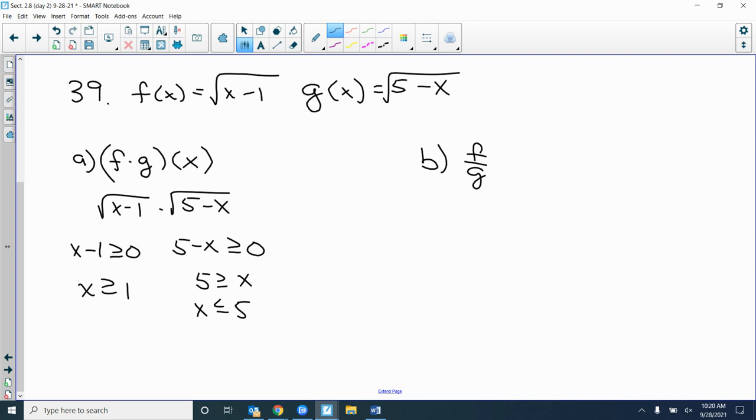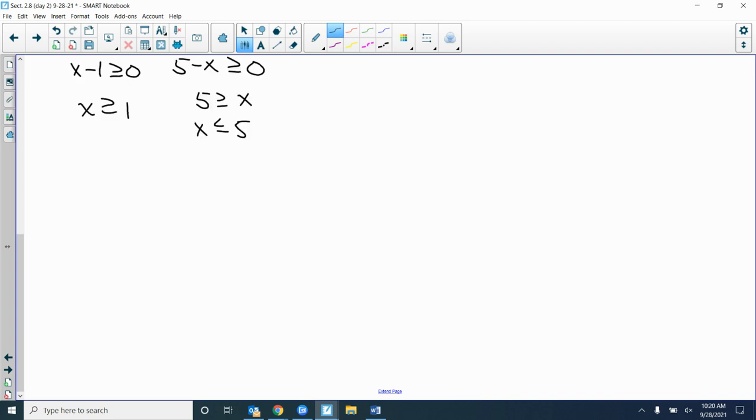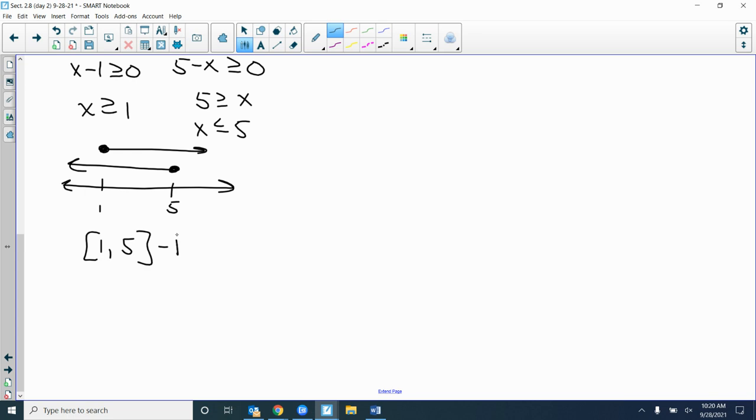You've got to take both into account. Any number has to work for both of them. So if you think graphically, greater than or equal to 1 and less than or equal to 5, it has to work where they both work. So that's why 1 to 5 is going to be our domain. Okay, 1 to 5 is our domain.